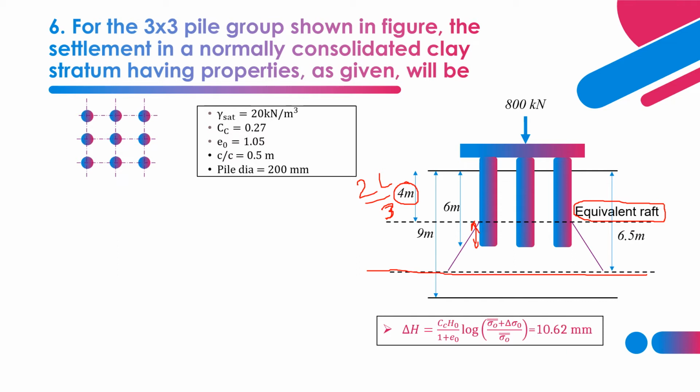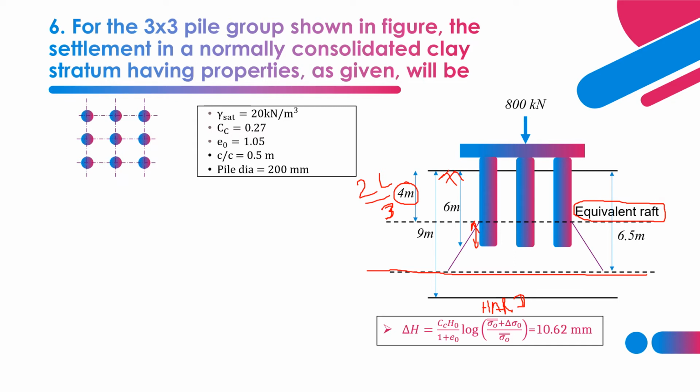This is the ground level, and this is the hard strata, about 9 meter below. 6 meter is the length of a pile, and 2L by 3, that is 4 meter from the top ground level, is where we have to find the total stress to the middle of the clay layer.